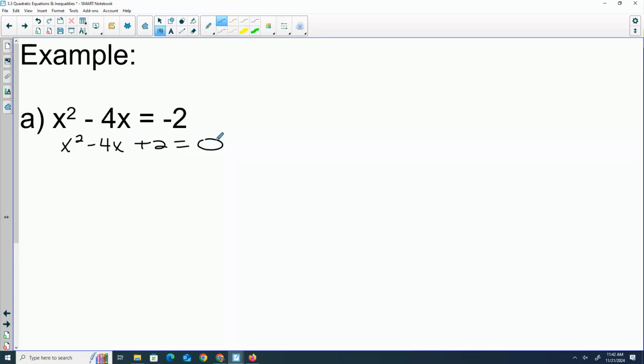Okay, so we would try slip and slide probably first. Does anything multiply to 2 and add to -4? No, so it doesn't factor nicely. We could do completing the square like yesterday. The other option is the quadratic formula.